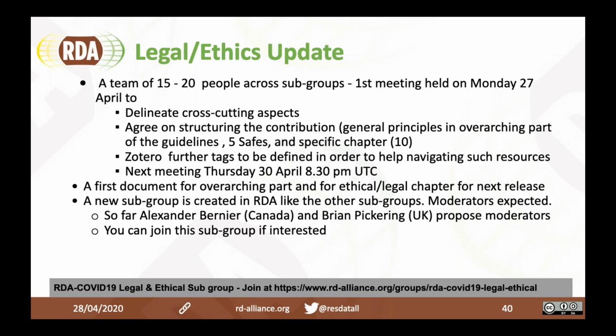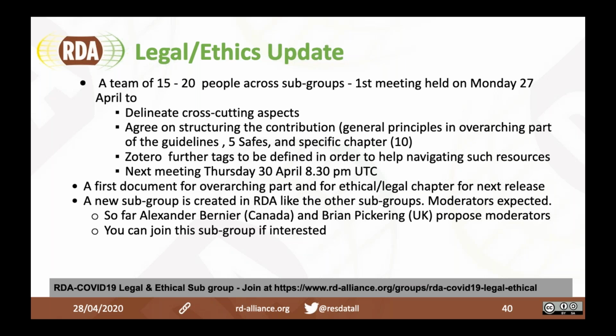And then the specific chapter, which is chapter 10 in the existing first release document, will be structured according to the different norms. Although the resources will be in the catalog, in Zotero, we want to avoid having just a jungle of complicated legal or ethical framework documents.